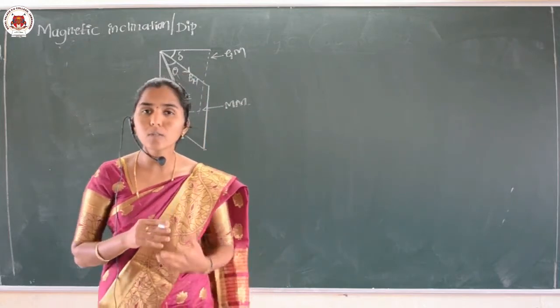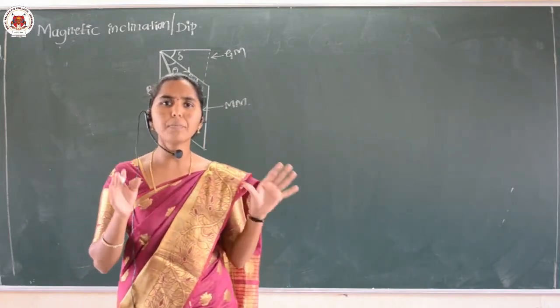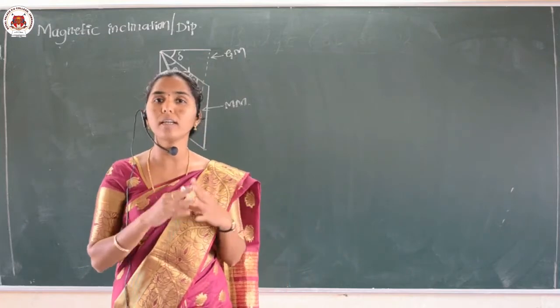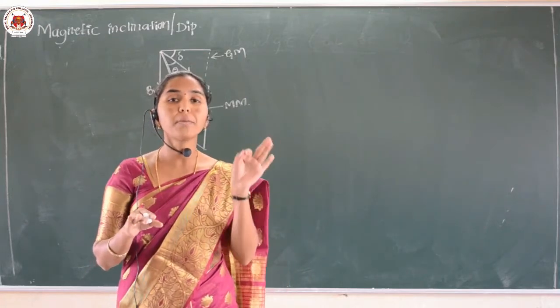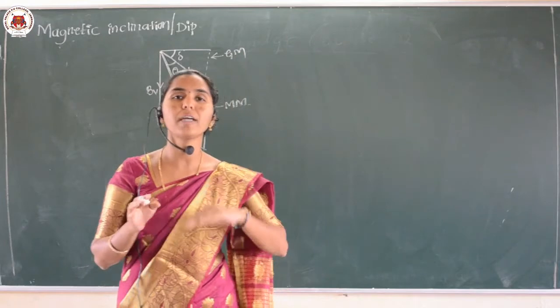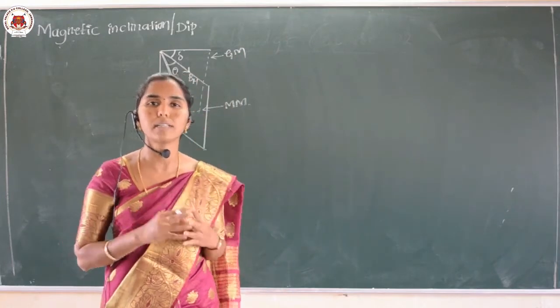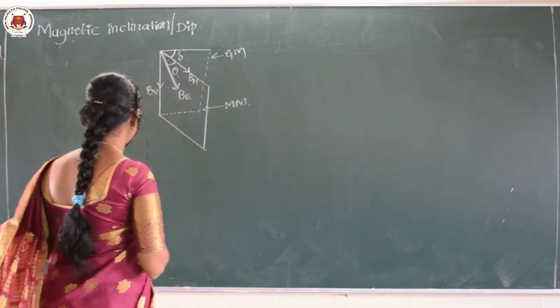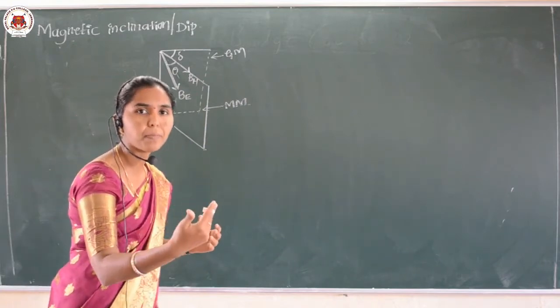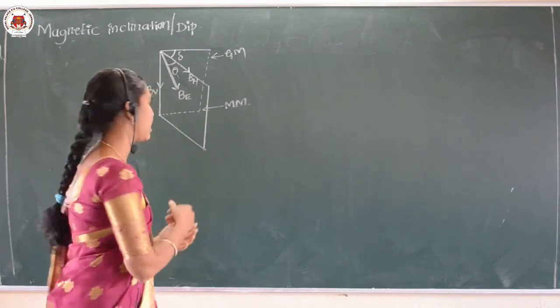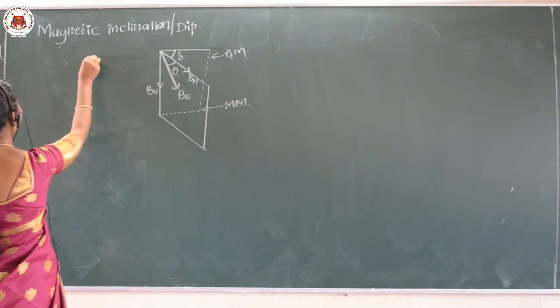Then the next question comes, whether the dip is the same everywhere on the earth? No, the dip angle also varies from the equator region to the pole region. Then how does it change? Where does the maximum dip and the minimum dip exist? Assume this is the earth's surface.